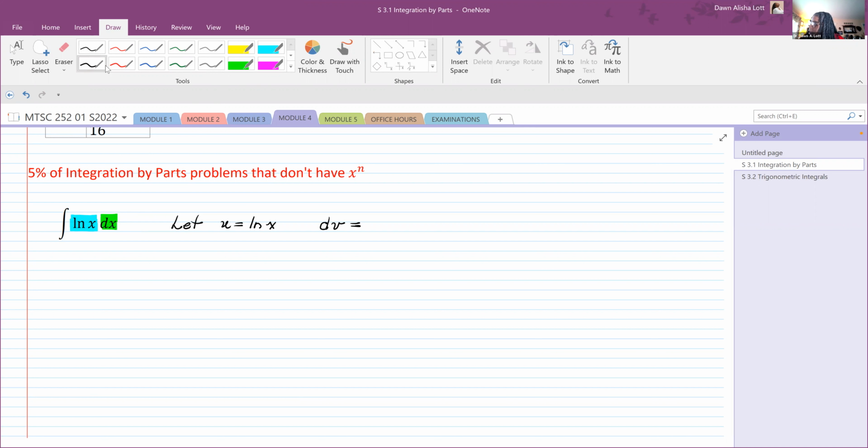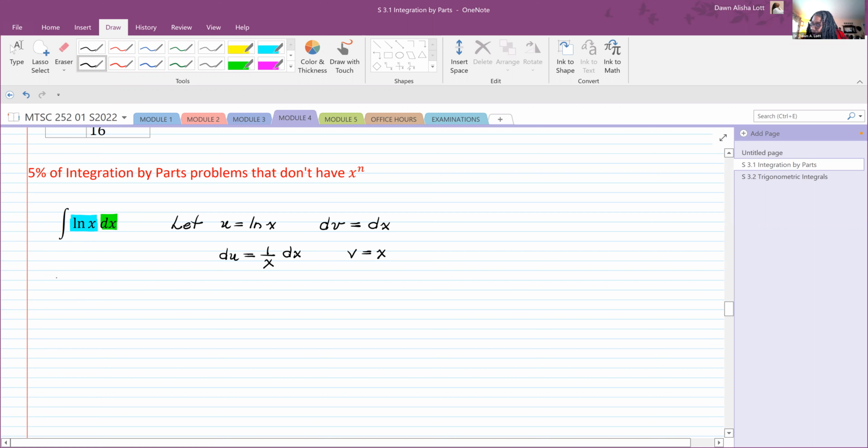It's the only thing left. And so du is 1 over x dx. That's the derivative of the log. And then v is simply just x. Okay, so this problem doesn't fit the norm. For the first time, we actually made u something kind of difficult.